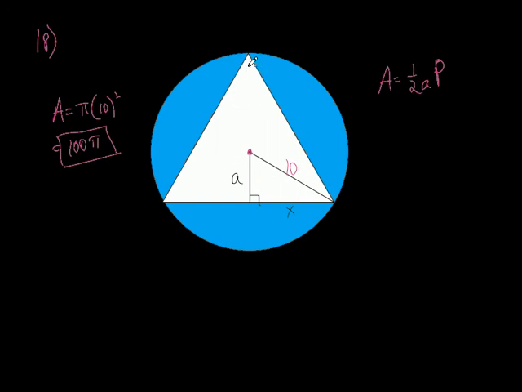This is an equilateral triangle, so this angle's 30, this angle's 30, and this whole big angle is 30 right there. This line right here bisects that angle. I'm sorry, did I say 30? I meant 60. 60, 60, and 60. I was getting ahead of myself because we're going to bisect that 60 and make that into a 30. So it's a 30, 60, 90 triangle.